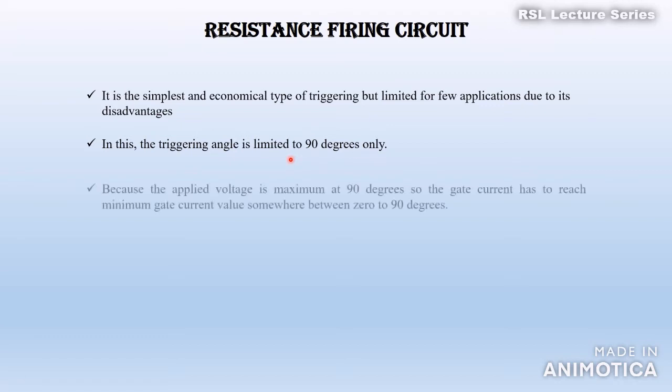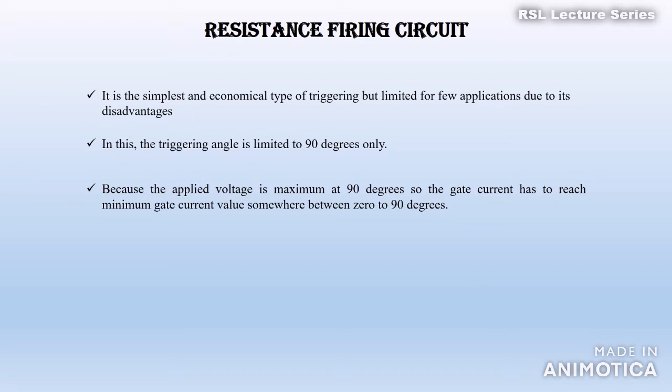This is because the applied gate voltage is maximum at 90 degrees, as AC reaches its maximum value at 90 degrees. So the gate current has to reach the minimum gate current value somewhere between 0 and 90 degrees, because once it attains its maximum value at 90 degrees, after that the current will start reducing.